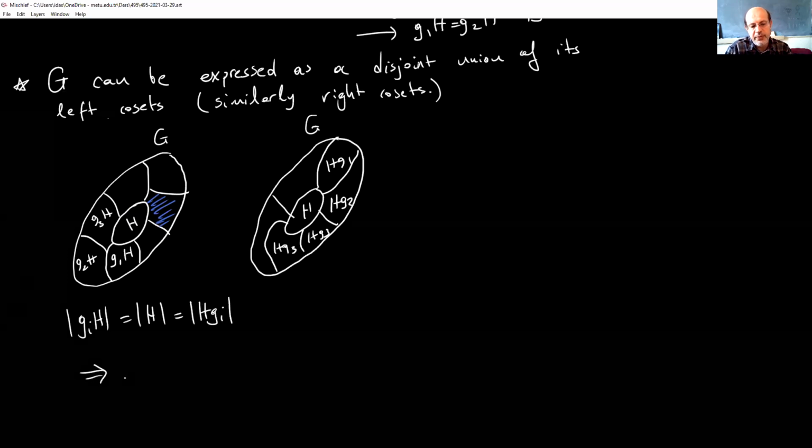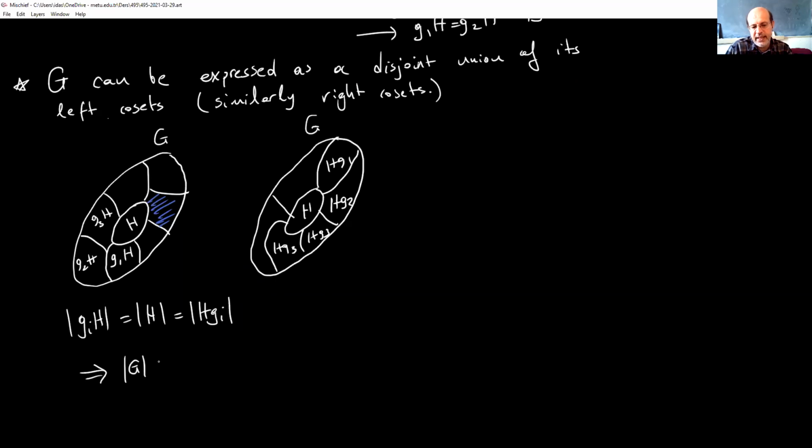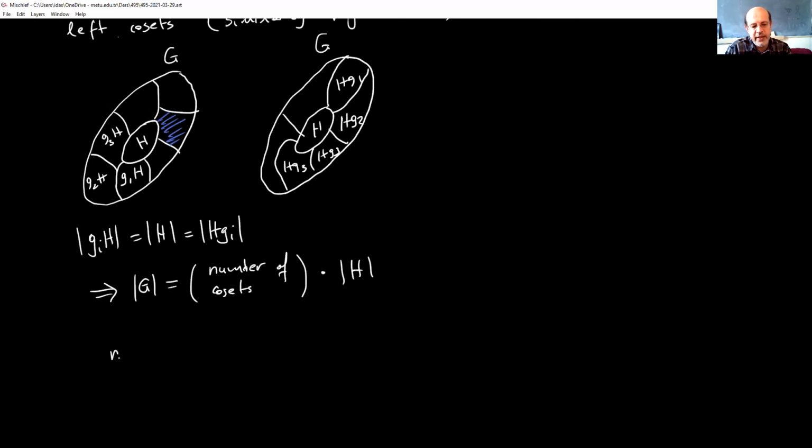And therefore, since the group itself is a union of all of these left cosets, the number of elements in the group is equal to the number of cosets that a subgroup has multiplied with the number of elements in each coset, right? So from here, I can find a formula for the number of cosets of the subgroup H.